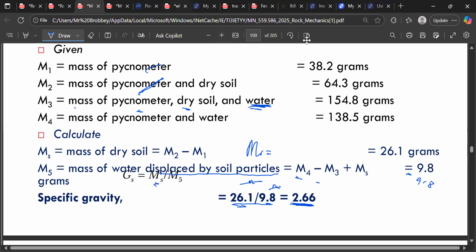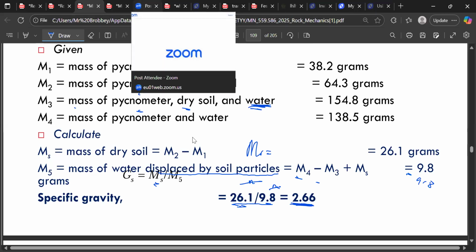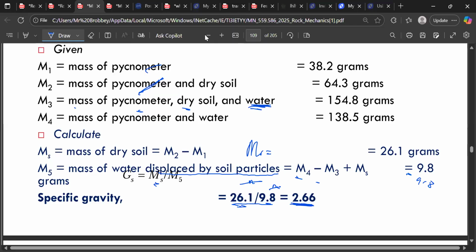Thank you. Okay, I saw others raising their hand. Yes, sir. So I was also thinking that to get the mass of the water displaced by the soil particles, we can subtract the M4 from the M3, because we have the mass of the pycnometer, the dry soil, and the water.